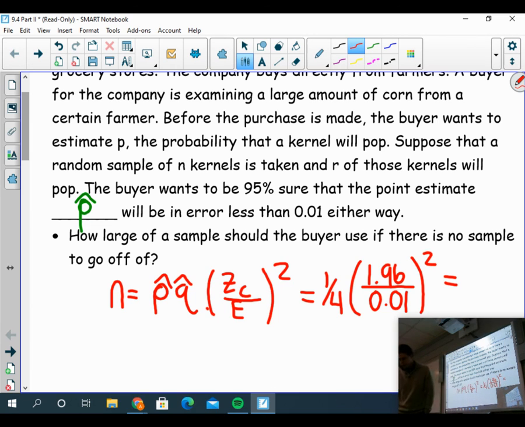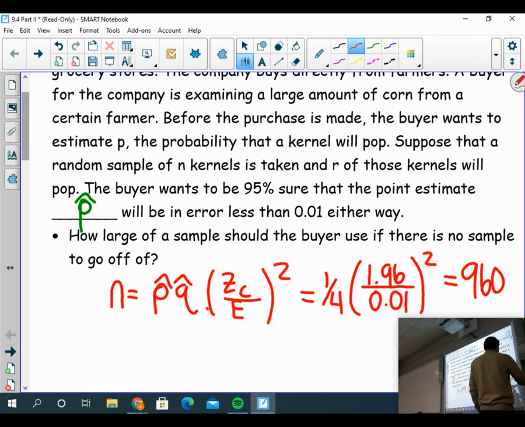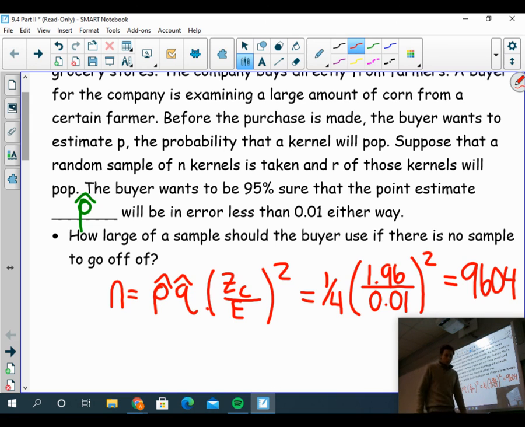When you calculate this, you will get 9,604. He needs to use a sample size of 9,604 kernels, and use that as the sample and find p hat out of that.